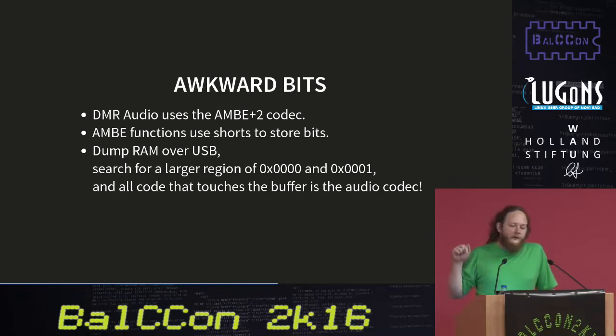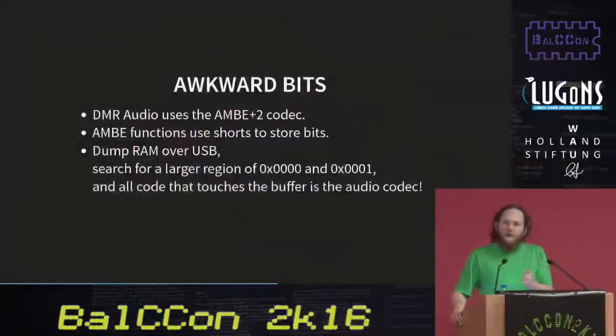Now, AMBE functions use shorts, 16-bit fields, in order to store bits. And they do this because someone, when writing the code, created an array of shorts because that was particularly efficient on his architecture. On this architecture, not so efficient. There are better ways to do it, but that's still the way that it was done.